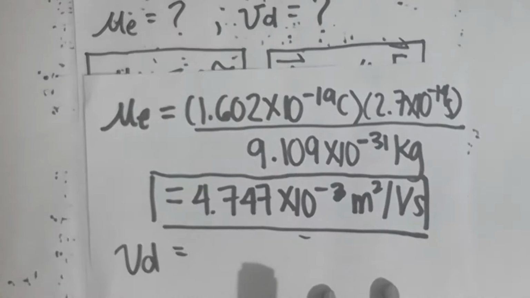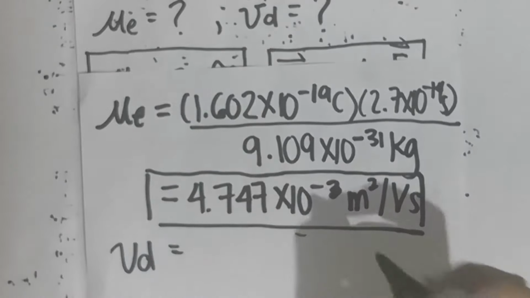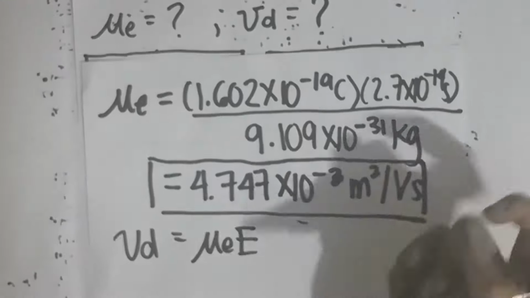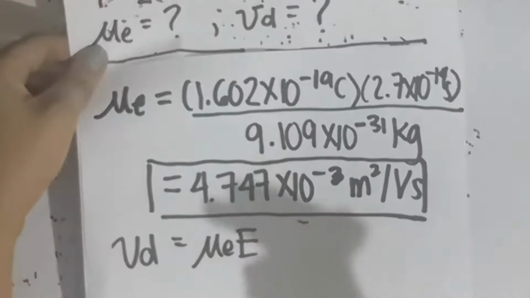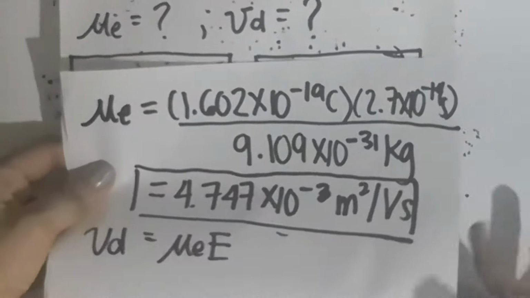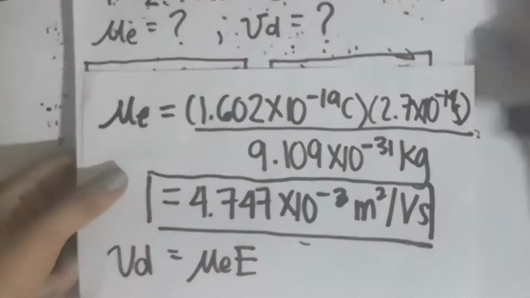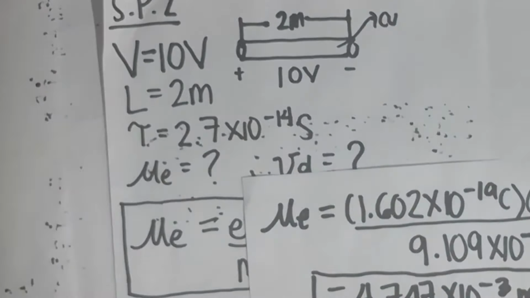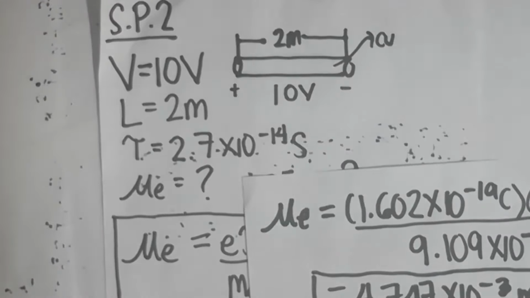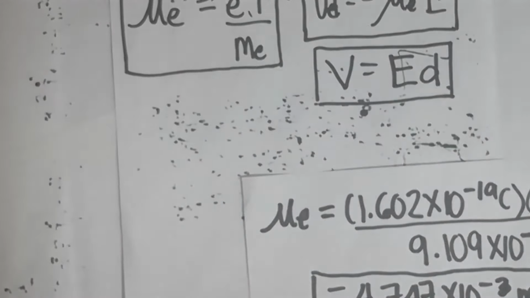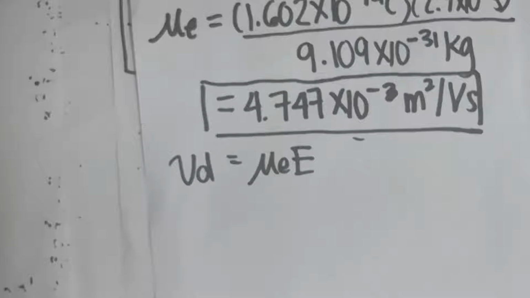If we are only going to get the magnitude, that would be mu sub E times the electric field, but we are not given the electric field. But we are given the electric potential, which is 10 volts. So given 10 volts, we can solve for the electric field using this equation.